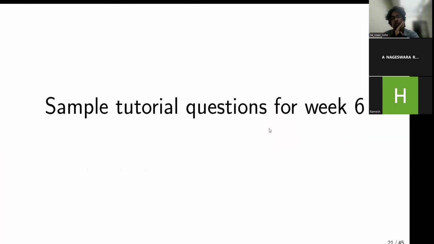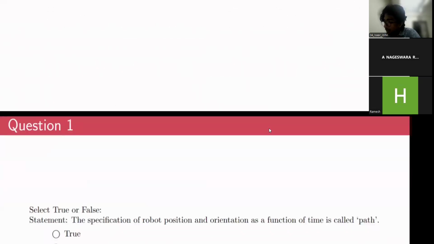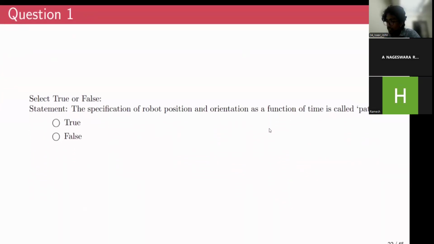So I hope we have covered all the basics, all the topics that we have solved during this lecture. Now let's solve some sample problems. For question one, it's a true or false question. The specification of robot's position and orientation as a function of time is called a path.